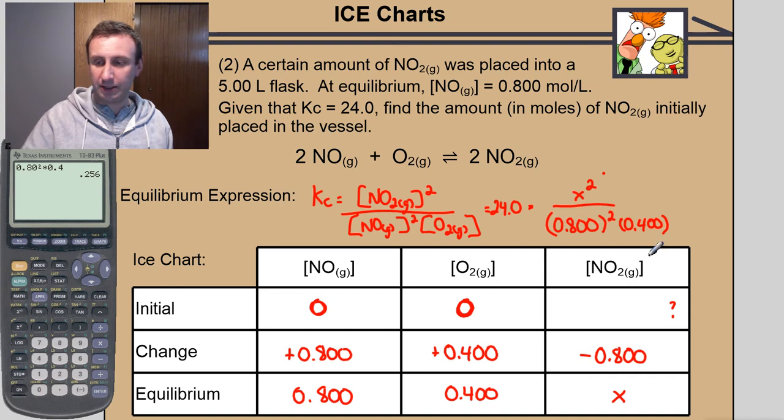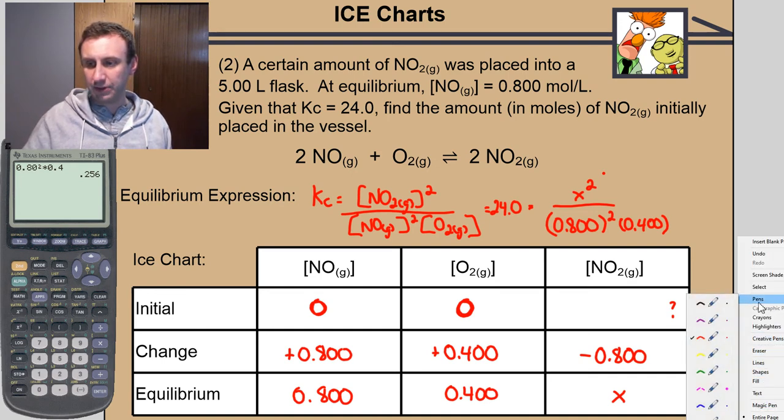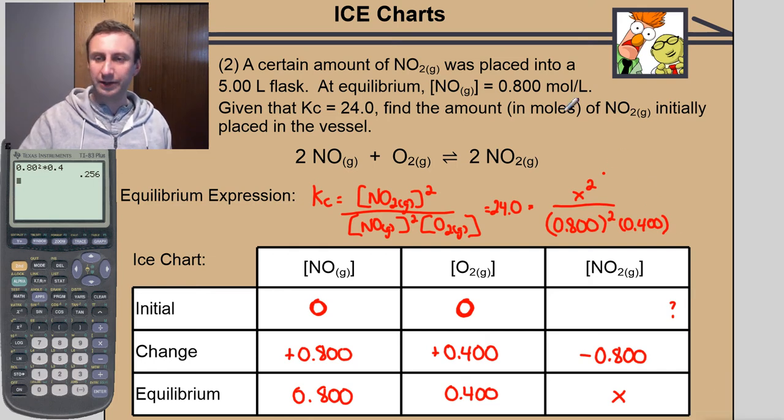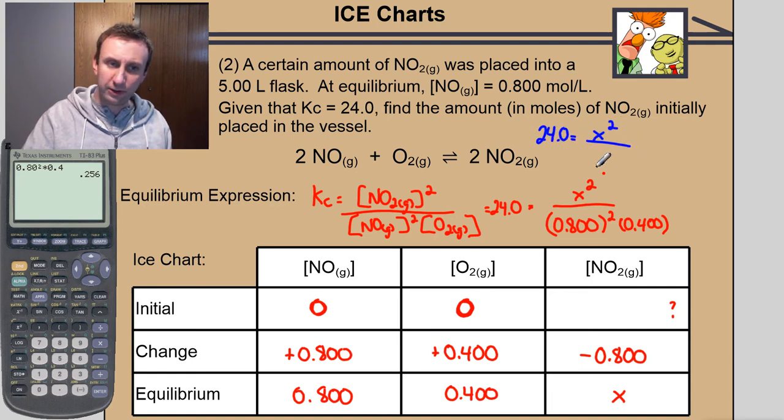So right now, and I know it's a little bit ugly in terms of how this is showing up on the page, try to look past that. I'm going to change the color. I'm worried this isn't showing up as well as other colors could. I have 24.0 is equal to x squared over 0.256.